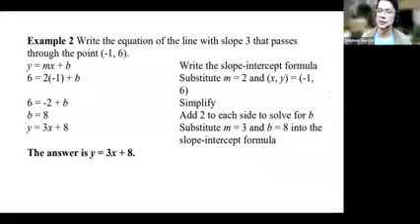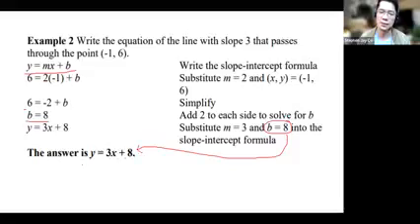We substitute m, x and y with the given values for the formula here, so that we can get the intercept. So the b is 8, and we can now use the b to substitute into the equation. So y equals 3x plus 8.